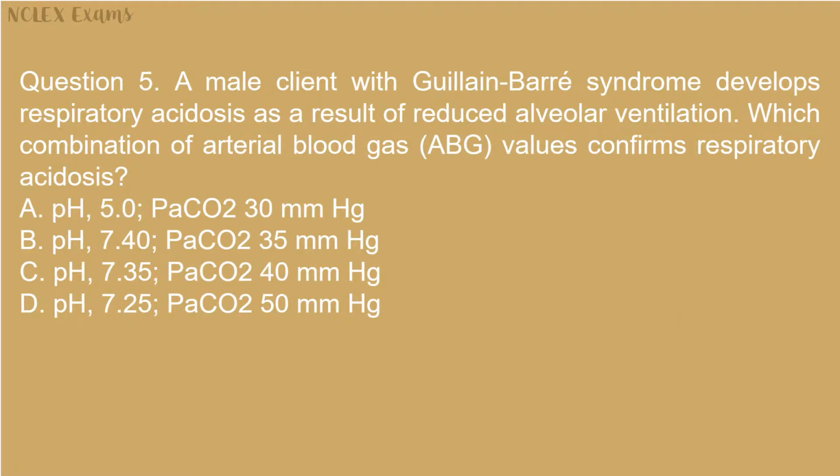Question 5. A male client with Guillain-Barré syndrome develops respiratory acidosis as a result of reduced alveolar ventilation. Which combination of arterial blood gas (ABG) values confirms respiratory acidosis? A. pH 5.0, PaCO2 30 mm Hg.